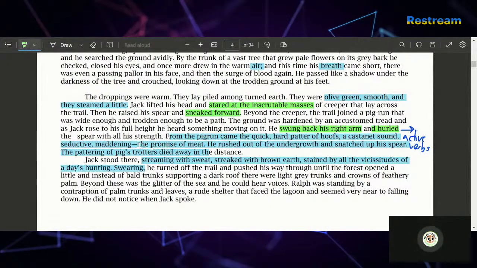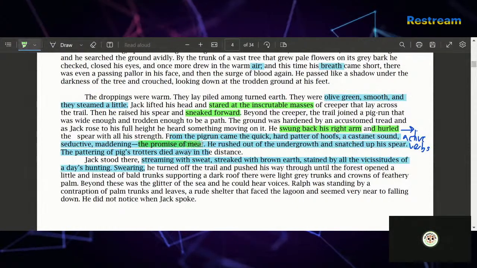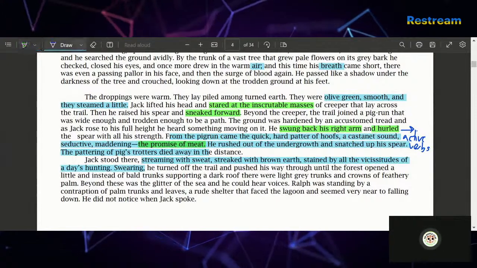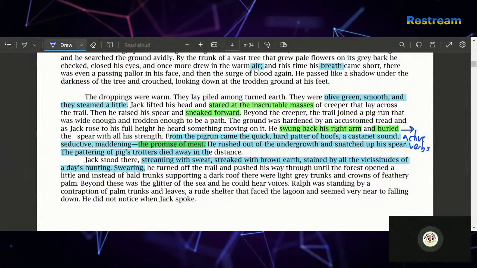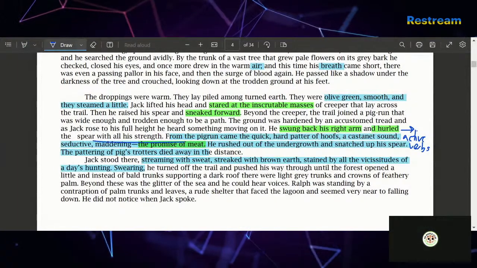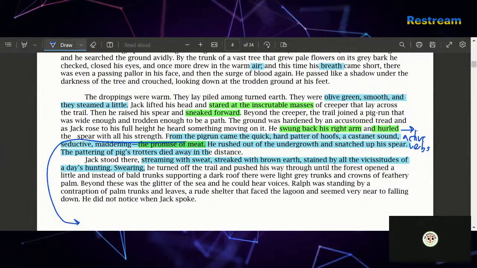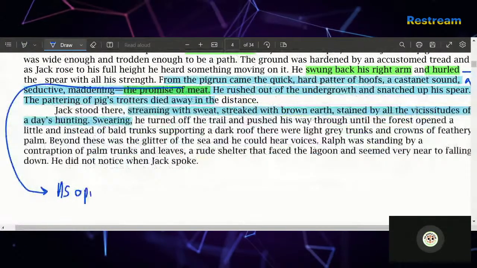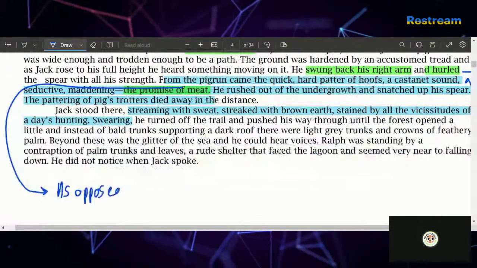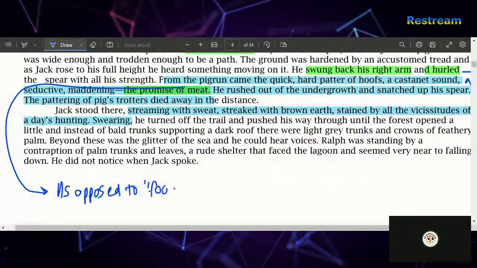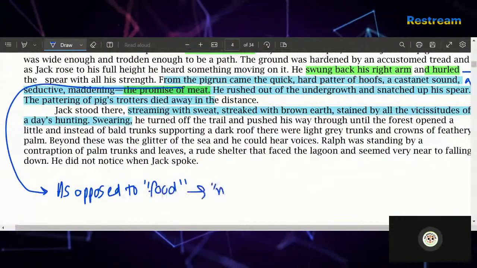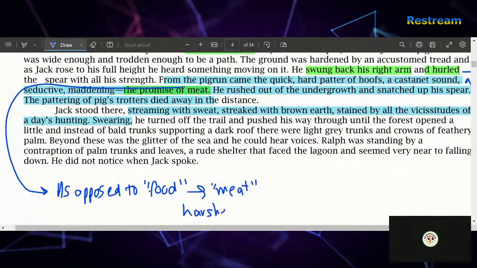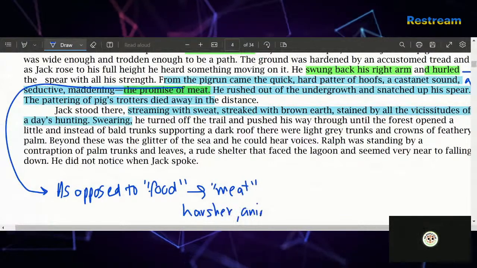What else? So the promise of meat. The way the narrator introduces food: as opposed to what the narrator could have said, food, the narrator chose to say meat, which is definitely harsher, has animalistic connotations.